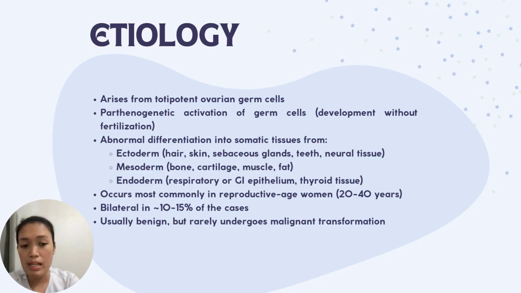In teratomas, the germ cell undergoes abnormal activation on its own, dividing and differentiating without being fertilized. So this abnormal differentiation into somatic tissues from ectoderm, mesoderm, and endoderm occurs most commonly in reproductive age women between 20 to 40 years of age and is usually benign but rarely undergoes malignant transformation.